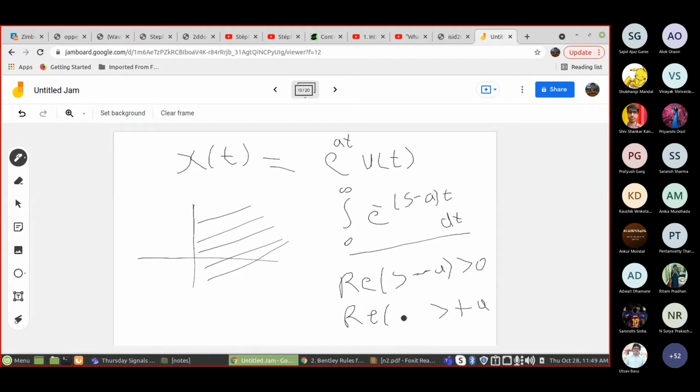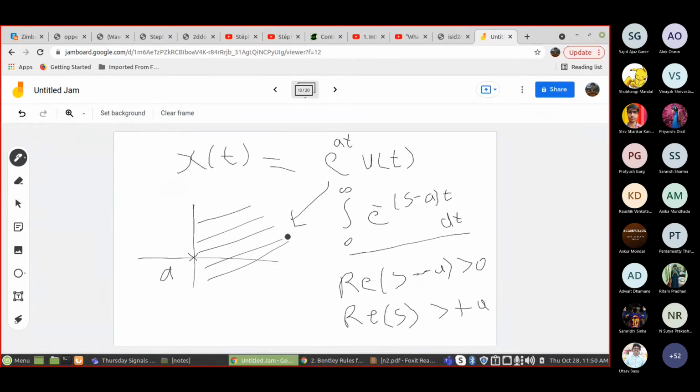So if the real part of s is strictly bigger than plus a, then the integral will converge. So everything to the right of your pole A belongs to ROC. So from causal signals to here, I hope it is clear, right? Why ROC is like this? Yes, because you just want to make sure that the real part of S is strictly bigger than A.